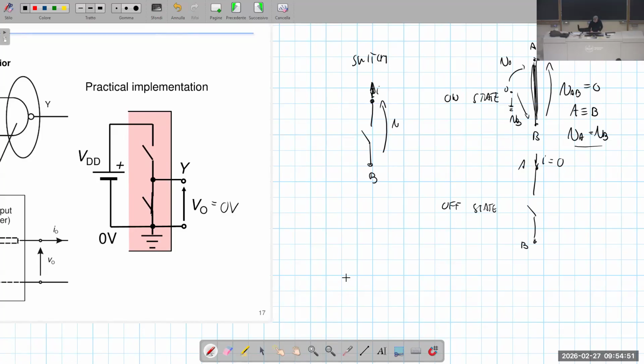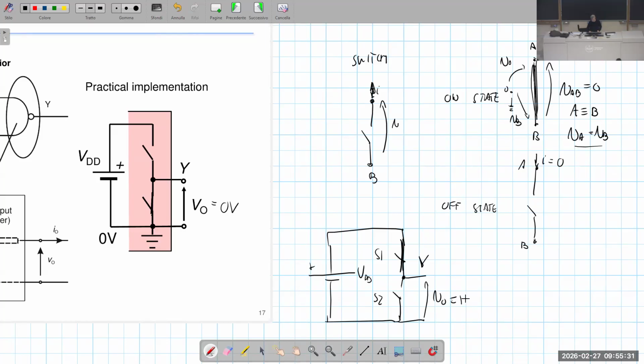As a consequence, in our example that we considered before, we have the battery, the switch S1 and the switch S2. This is the output node Y, this is VO. When the switch S1 is on, what about VO?